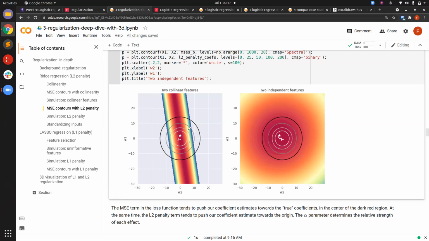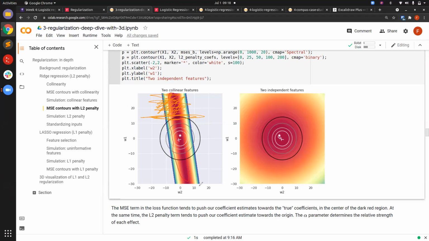So over here, notice that originally you could have found an optimal pair of coefficients anywhere in this range, even though the true optimal is where that star is. Because of noise in the training data, sometimes you can be displaced from that star. And because the mean squared error anywhere in this range is so similar, you could have found a coefficient value anywhere. But now with the L2 penalty term added on top of that, these regions here are no longer desirable.